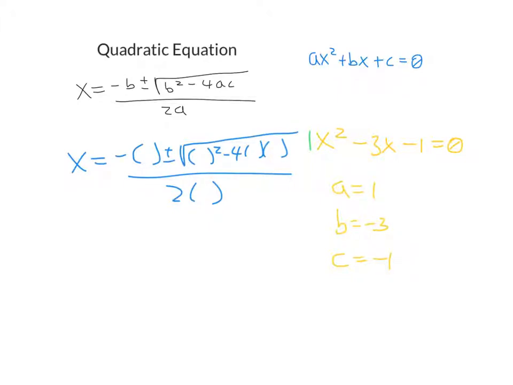And then I put in what belongs there. So, starting with B, B is negative 3. Negative 3 goes in these places, and then A is 1, that goes here, and then C is negative 1. Okay, so on the next line we have x equals negative 3, which is a positive 3, plus minus 9, because negative 3 squared is 9.